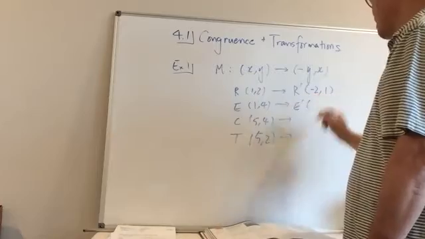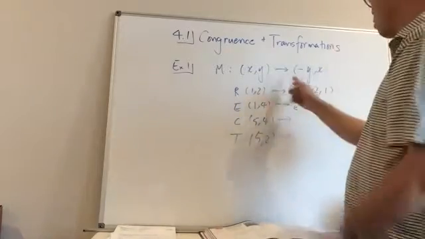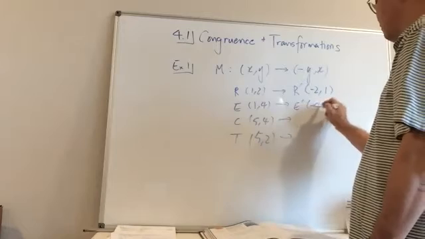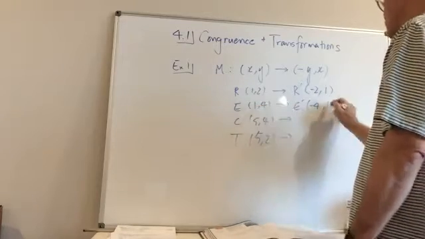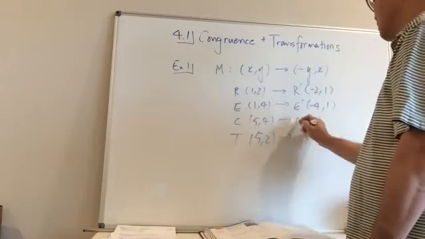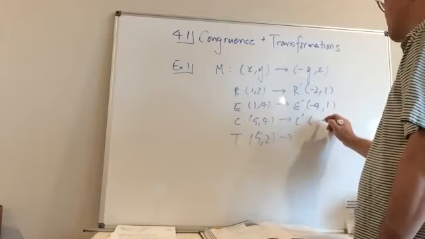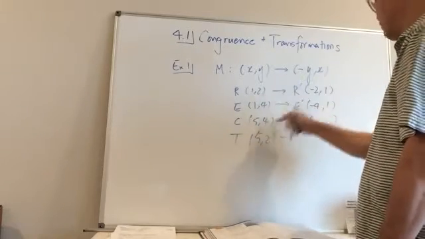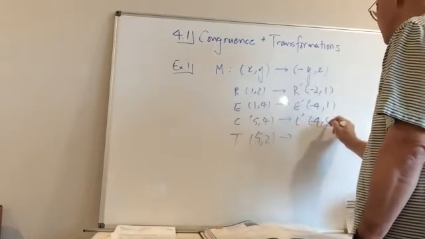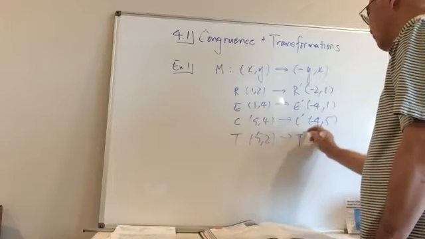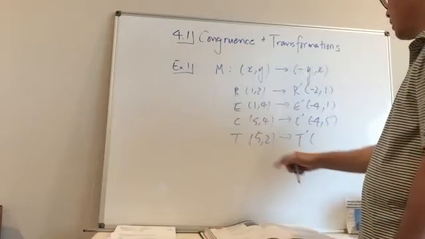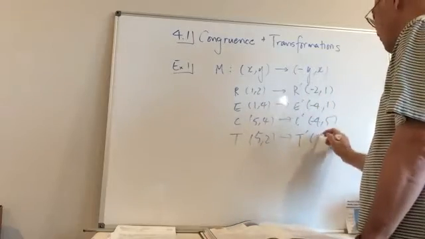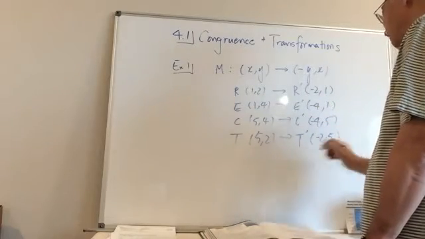E prime: again, Y is 4 here, so I'm going to get negative 4, and X is just straight over. C prime is going to be negative 4 over here, 5 over here. T prime: Y is 2, so negative 2 and 5.